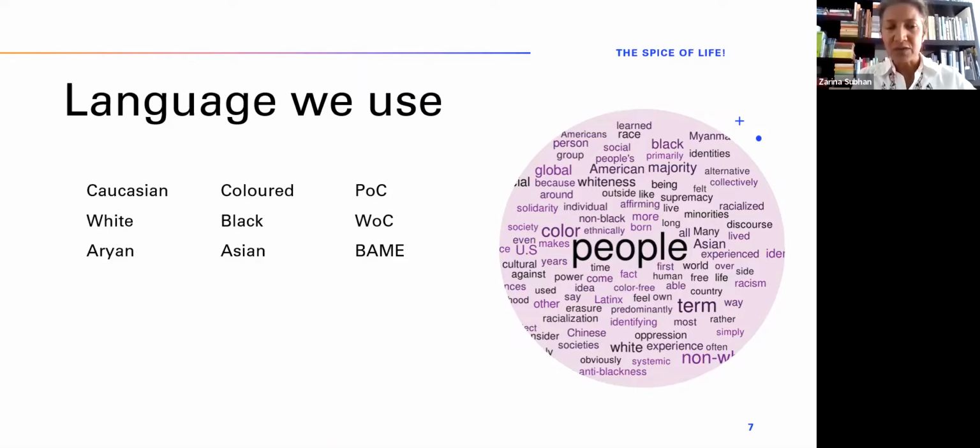And that usually comes from what those people want to be called. Now, Caucasian and Aryan, I would say, are lesser used, and white is much more common. But for a person who is not white, you've got this whole array of descriptions, and people don't know, am I being politically correct by saying black or Asian, or should I not be saying that?